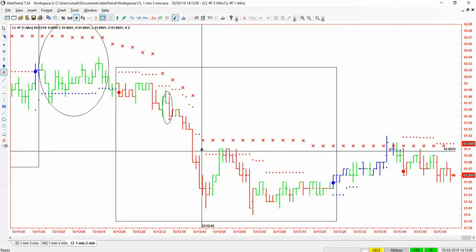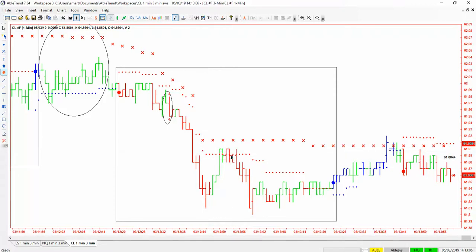Now, like I said, depending on your trading style and your risk tolerance and all that other good stuff, if you wanted to get back in, you could have gotten back in, maybe right here. I gotta take a drawing class or something. You could have got back in there if you wanted to.